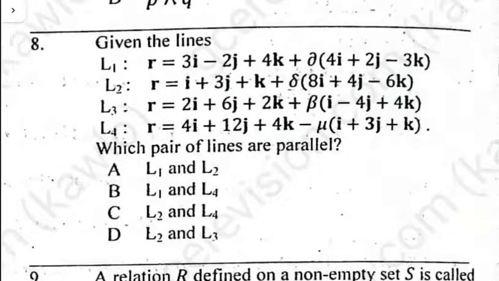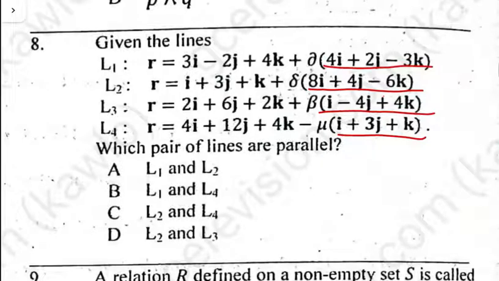Question 8 reads, given the lines L1, L2, L3 and L4, which are all vectors, which pair of lines are parallel? For you to find the pair of lines that are parallel, just compare their direction vectors. These are all direction vectors. If any of the direction vectors are the same, or one is a scalar multiple of the other, then the lines are parallel.